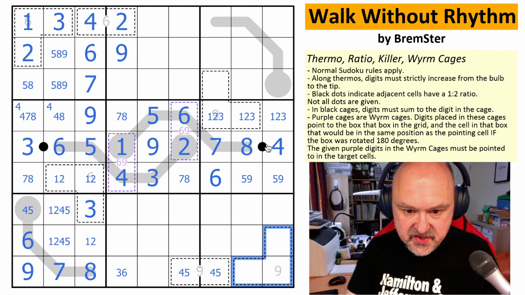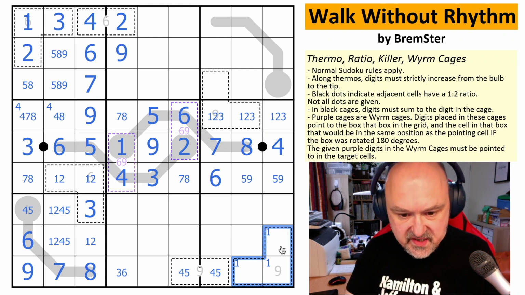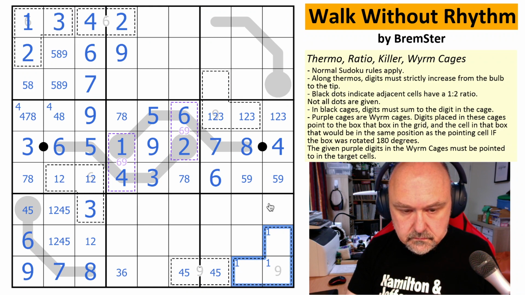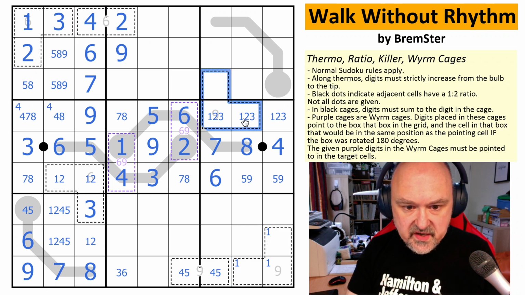This 9 cage now can't have a 4 in it, so it must have a 1 in it, and it must be 1, 2, 6 or 1, 3, 5. So this is a 9 cage.